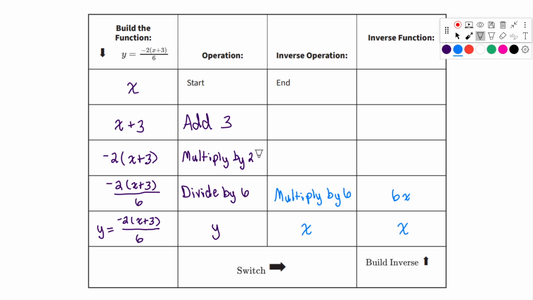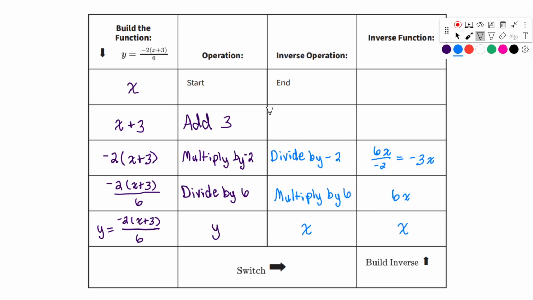The inverse of multiply by negative 2 would be to divide by negative 2.